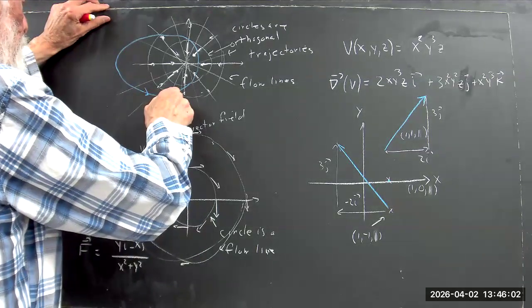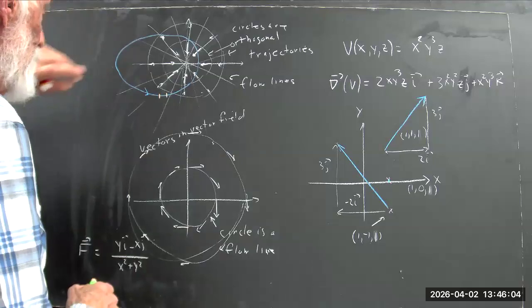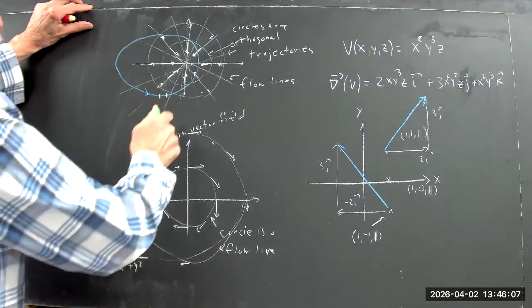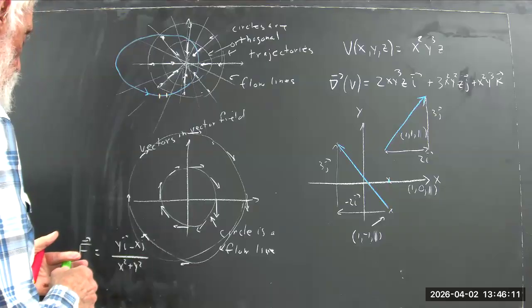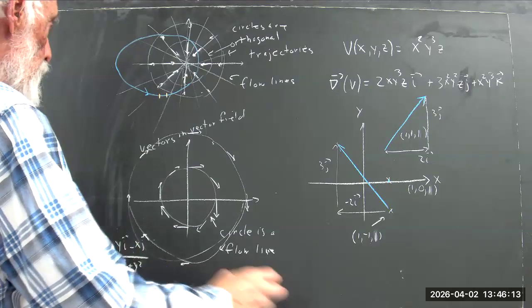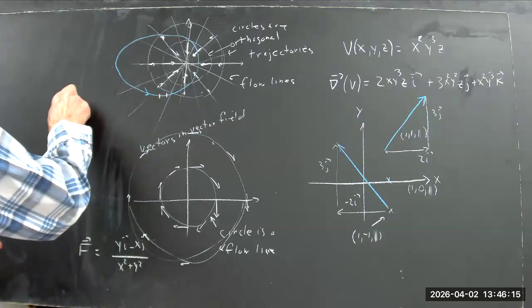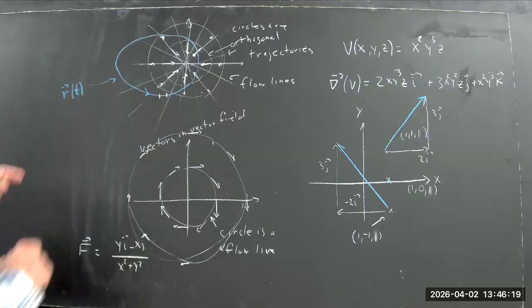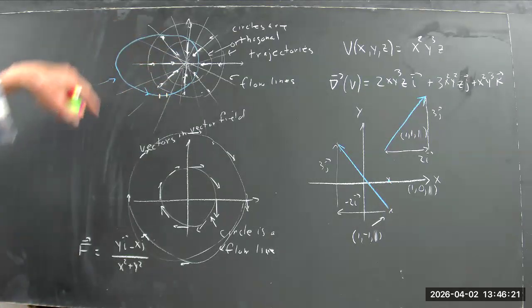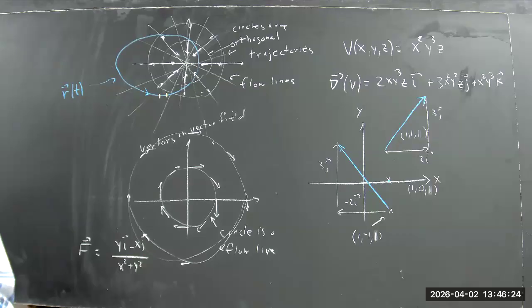Take an increment. Let's say this is a function R of t. You're used to using R of t for a vector function, right?